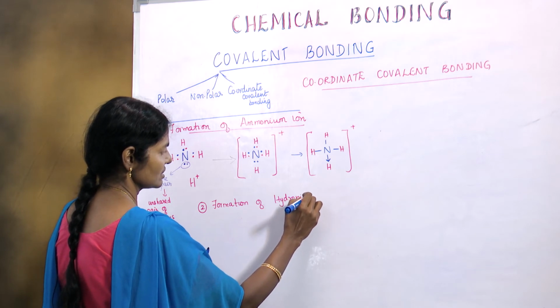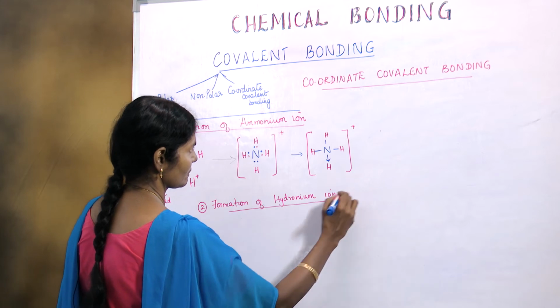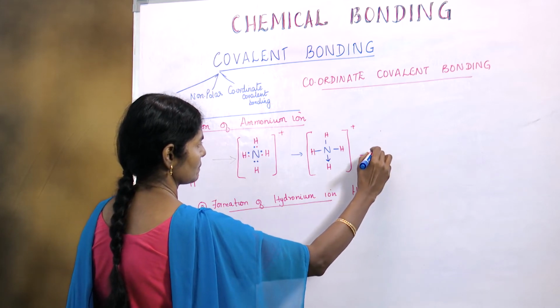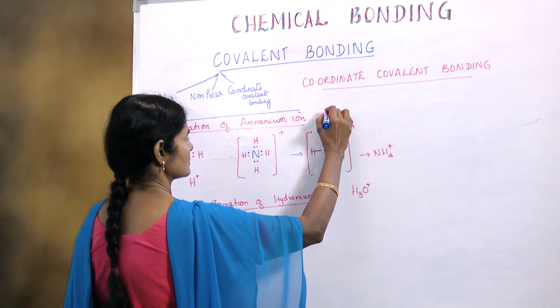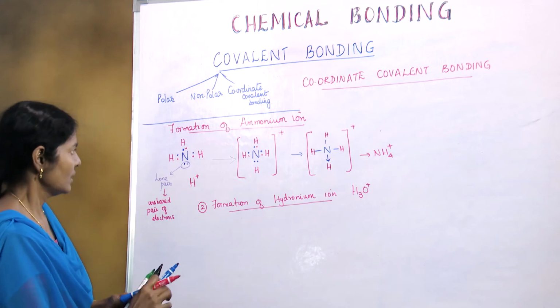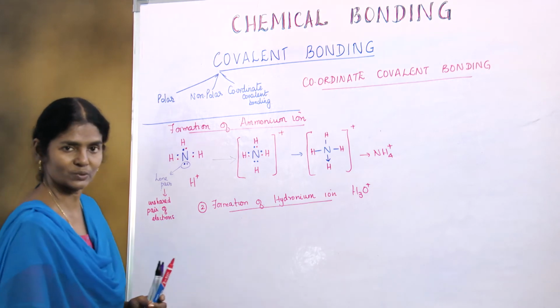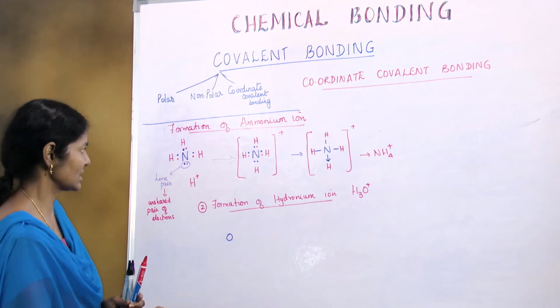Hydronium is H3O plus. NH4 plus. Okay, how do we form this? Again we go back to water molecule. So the electron dot structure of water was like this.